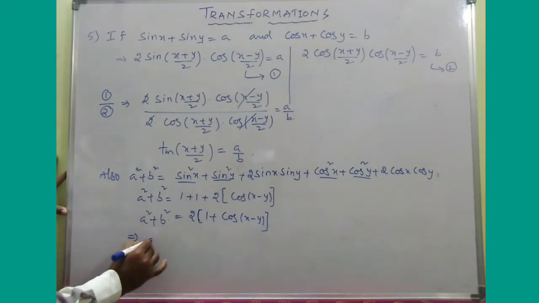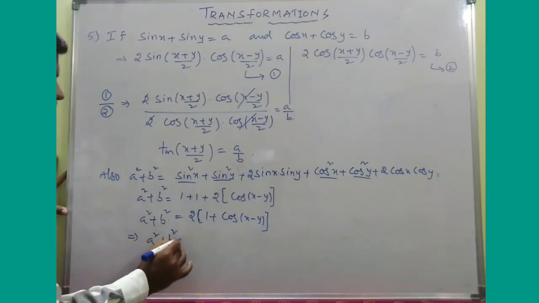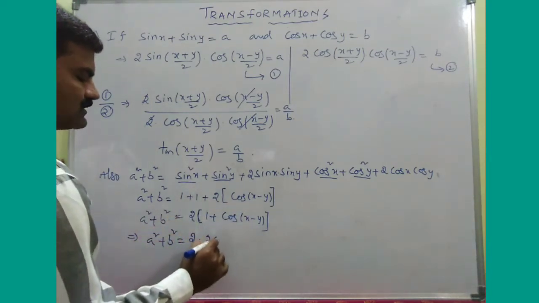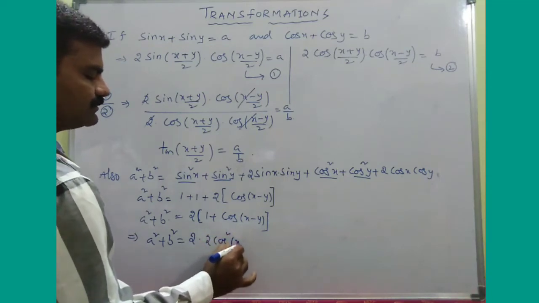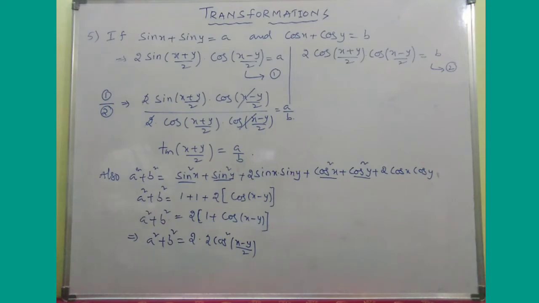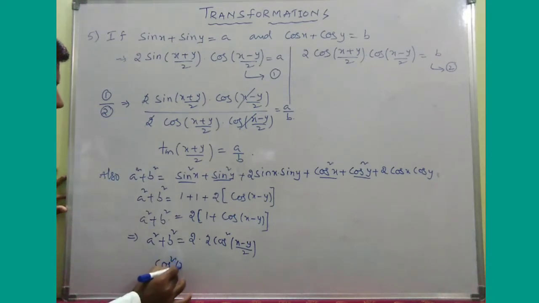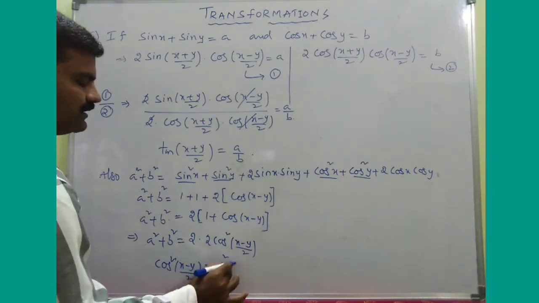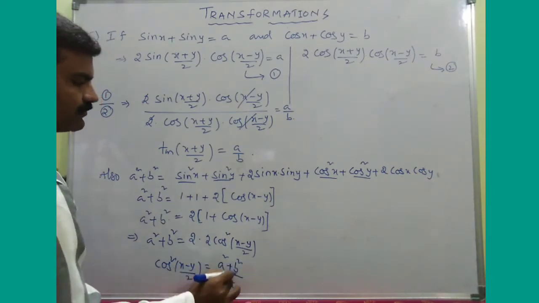So a square plus b square is equal to 2 into (1 plus cos theta). I think it is 2 cos square theta by 2, isn't it? 1 plus cos theta is nothing but 2 cos square theta by 2. So from this, cos square (x minus y) by 2 is equal to (a square plus b square) by 4.